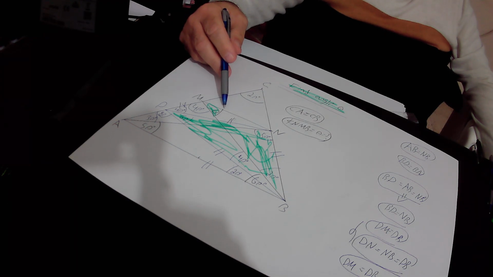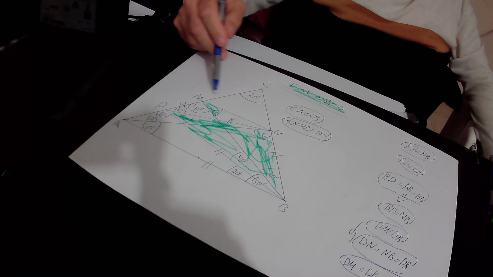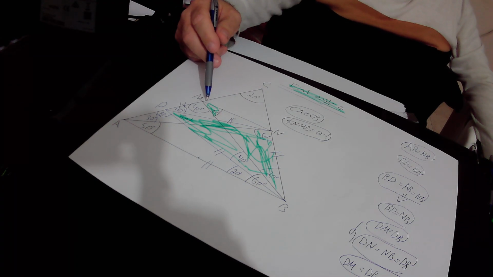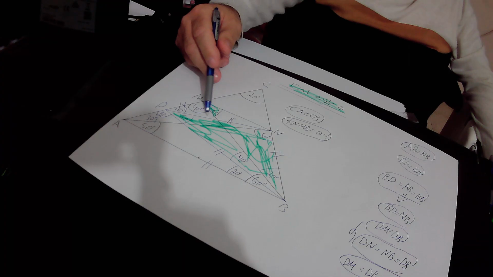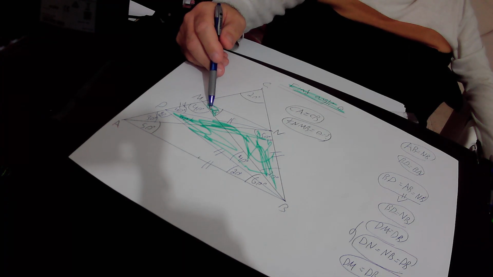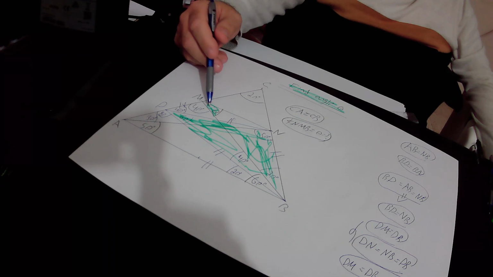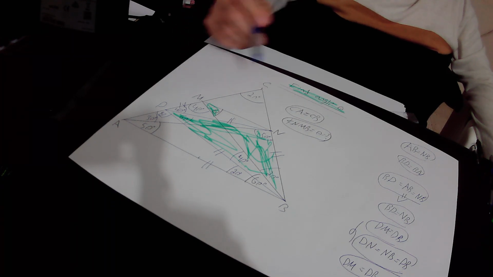So the big angle DMN minus the small angle DMB, the difference between those two angles, must be equal to the missing angle theta, the angle that we are looking for. So I write it down.